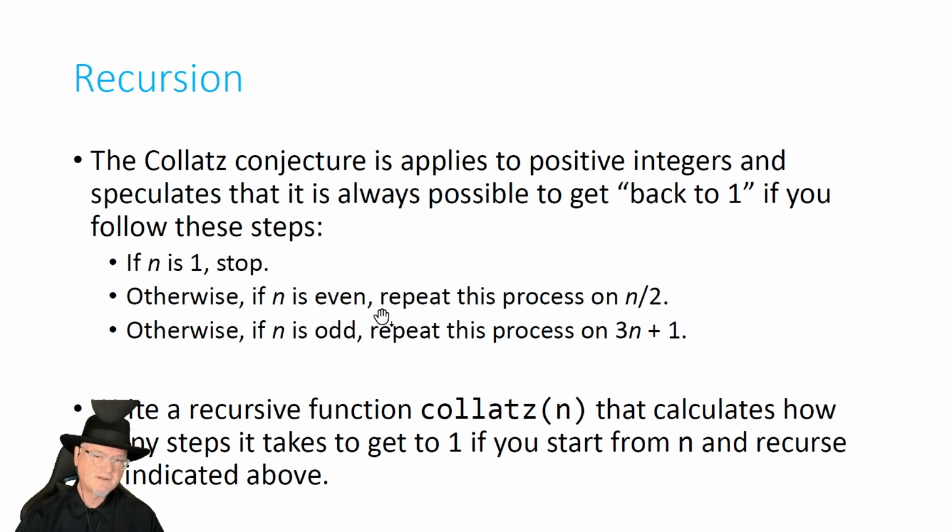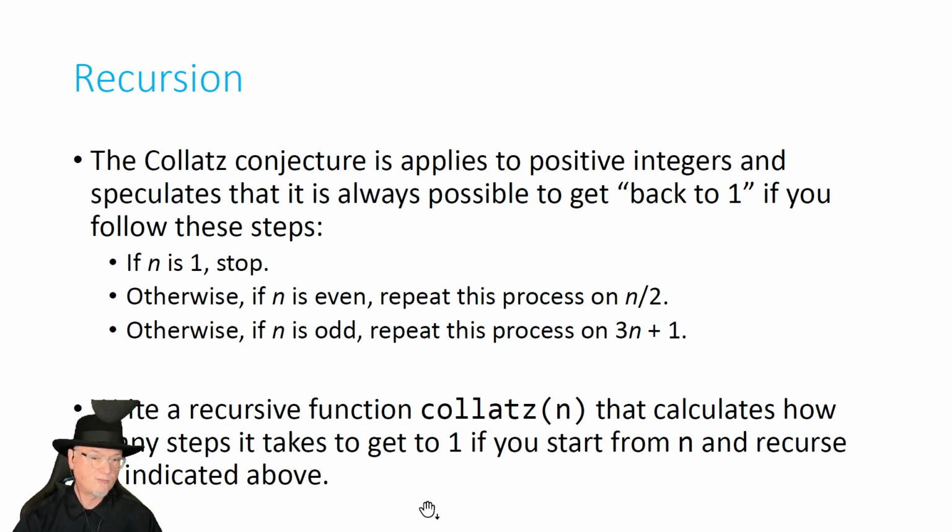Otherwise, if n is an even integer, we divide it by 2, and we go back to the loop. Otherwise, if n is odd, we multiply n by 3 and add 1. So n times 3 plus 1, and then we go back to the iterative process.